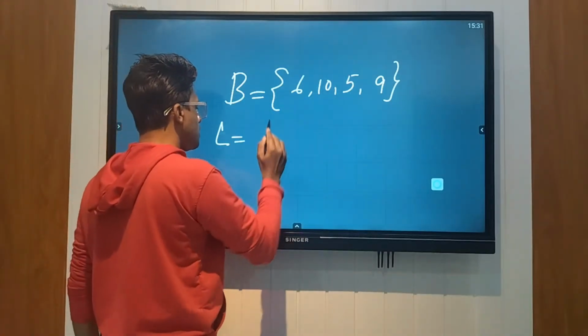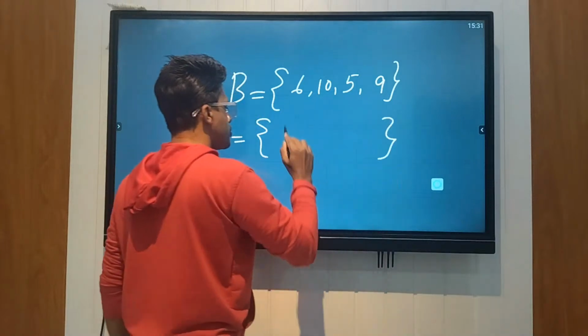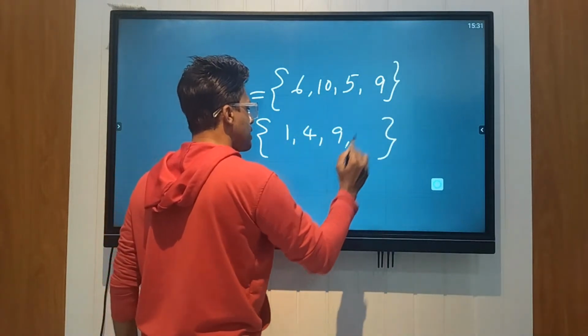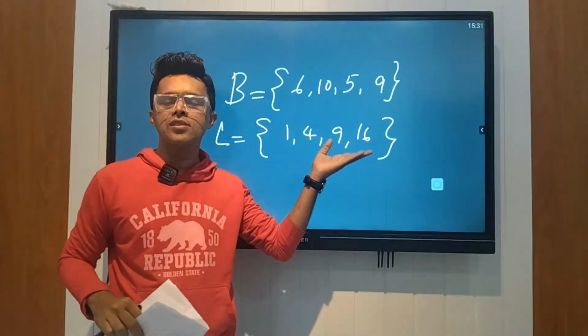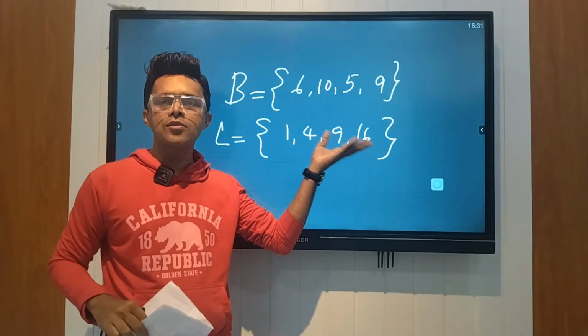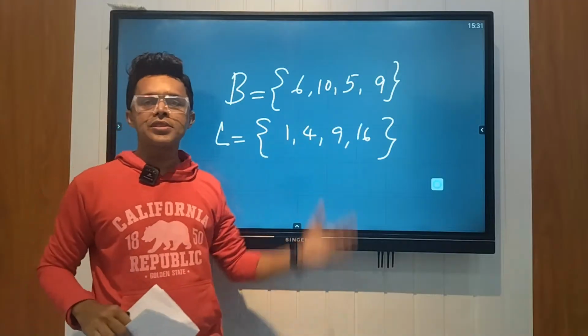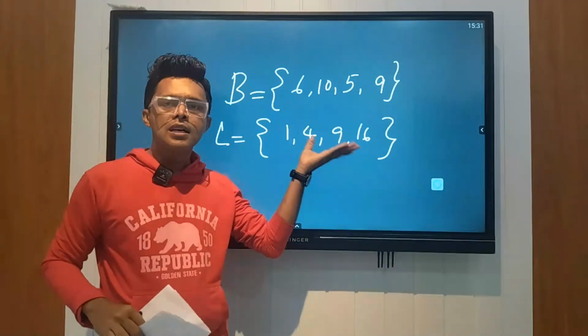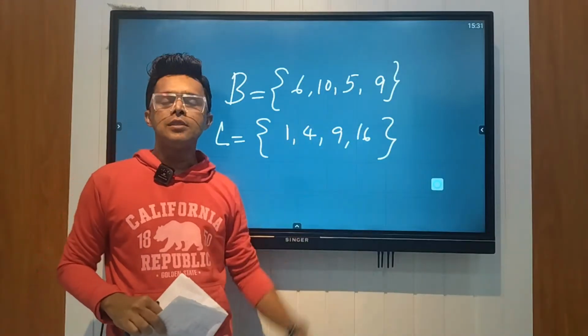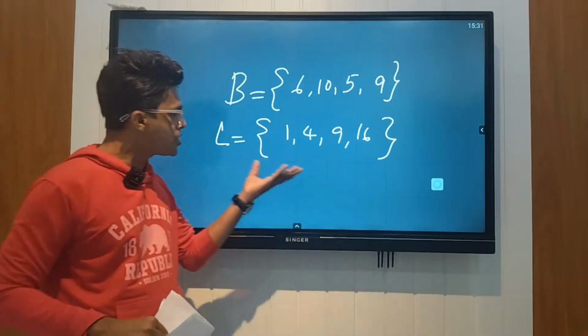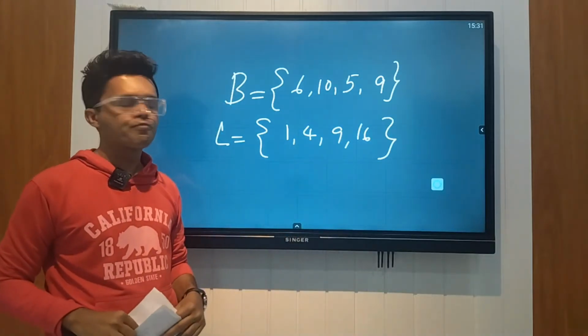This is L: 1, 4, 9, 16. These are the elements of the set L. You could see these elements have entered in curly brackets. So this is a way of writing sets.